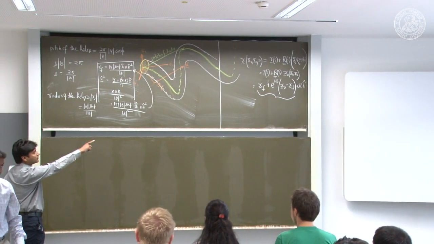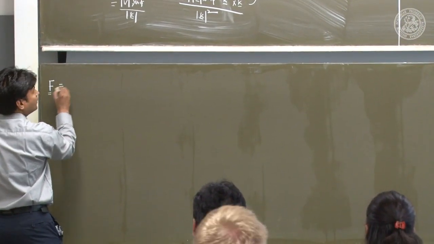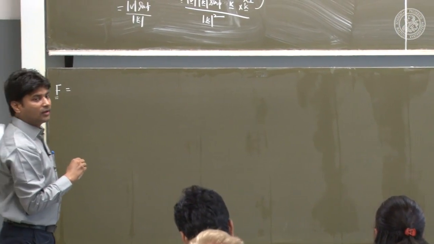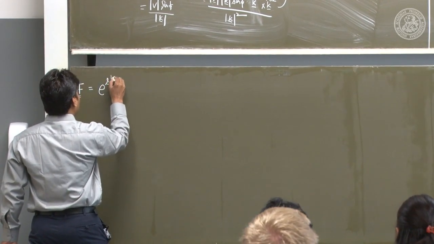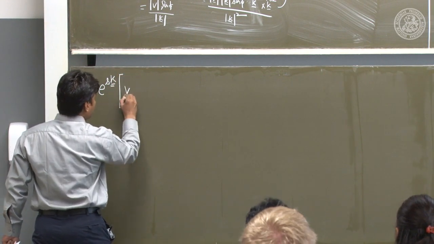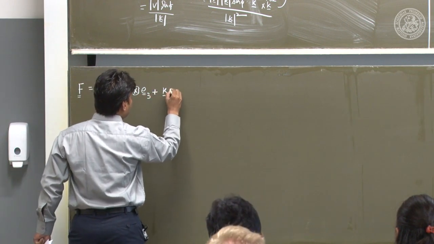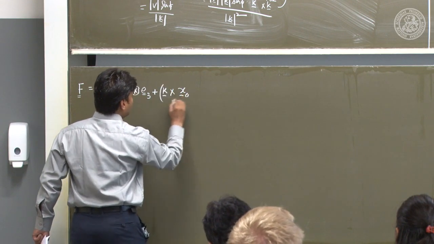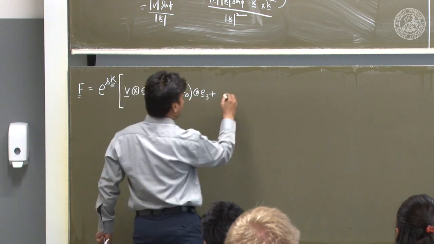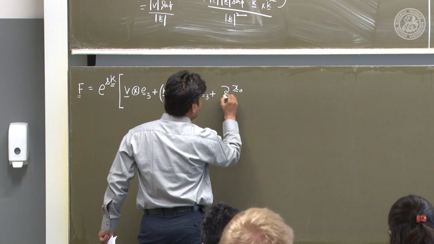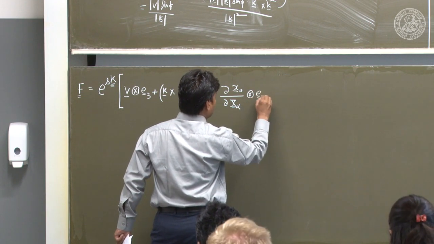So if that is my little x, what will be the deformation gradient big F? If you allow me to write, this is going to be e to the power s k V tensor product E3 plus k cross little x naught tensor product E3 plus del of little x naught over del big X alpha tensor product E alpha.